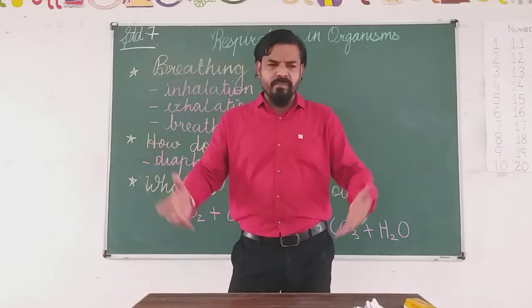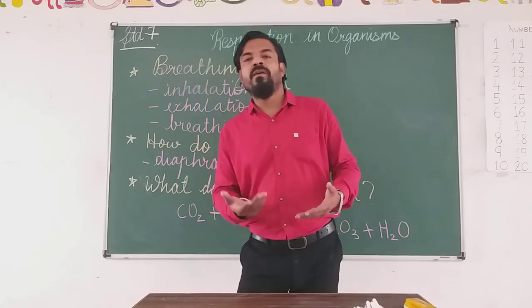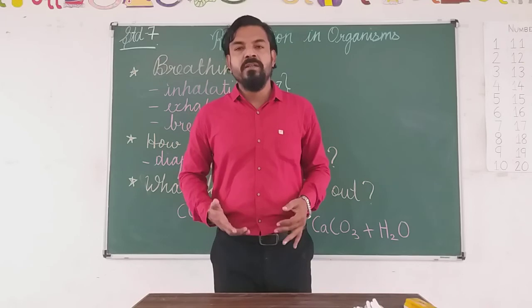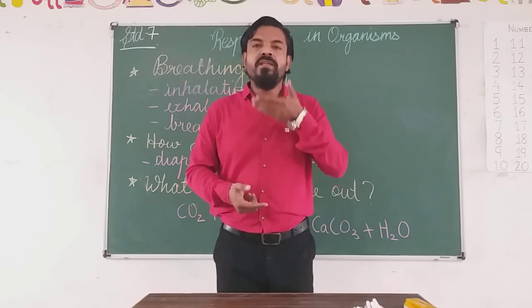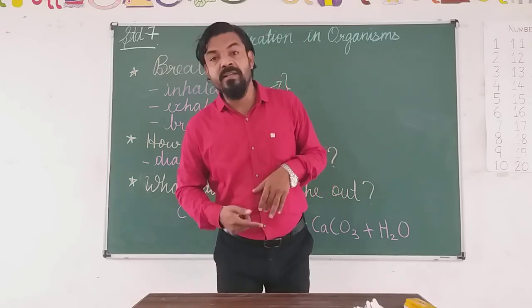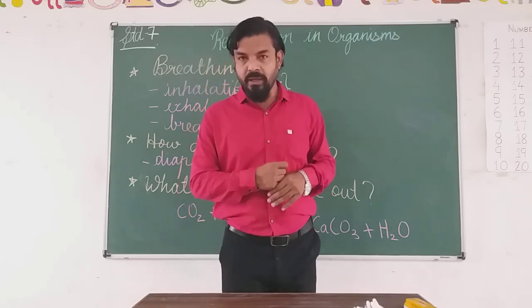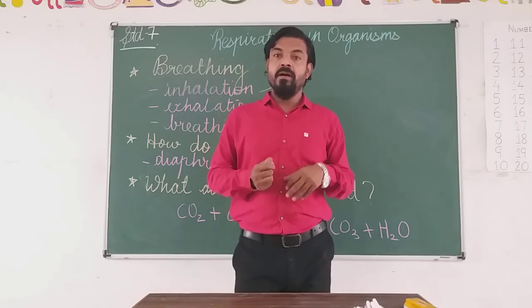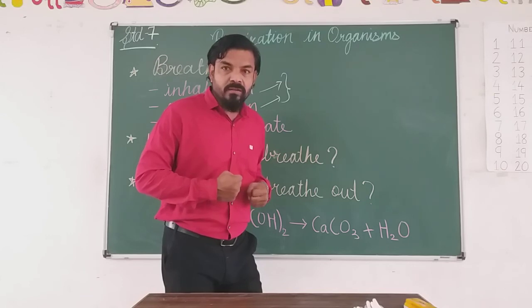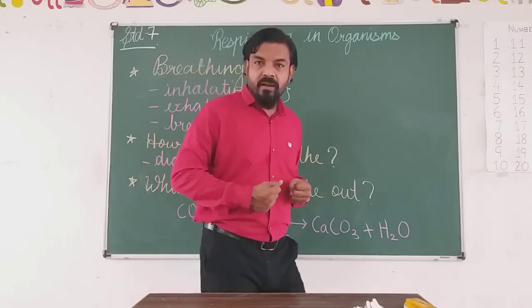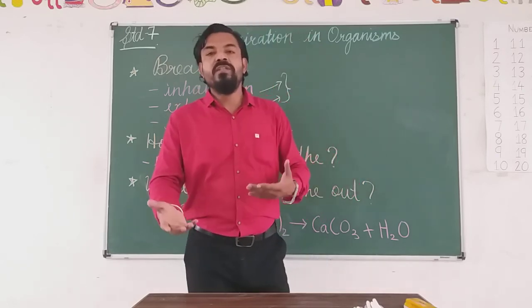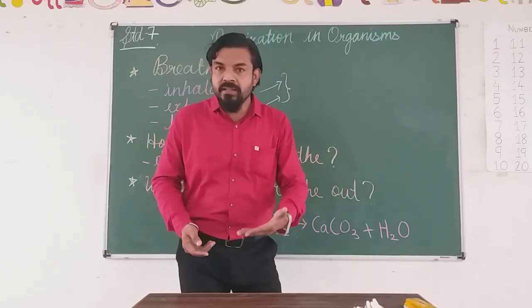Now, there are lots of ways you can count the breathing rate. First, you can sit aside and count how many times you have inhaled and exhaled in 1 minute. Then again, you take a fast walk for 10 minutes and count the inhalation and exhalation.